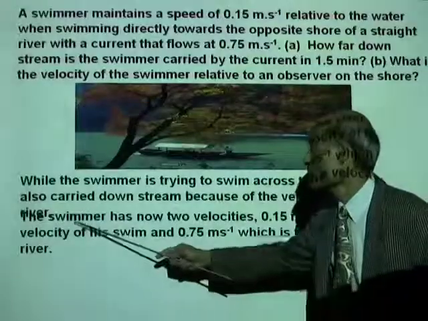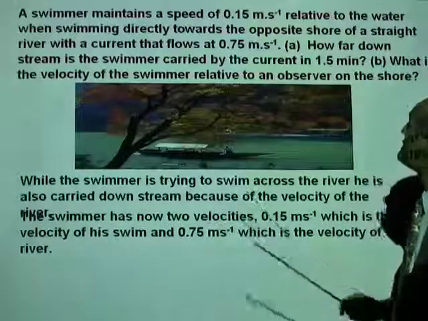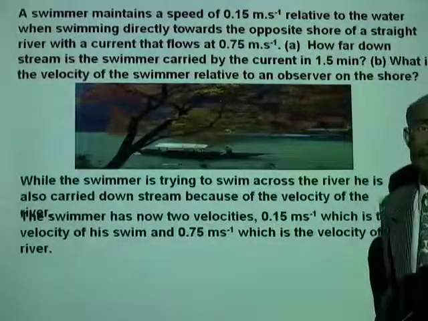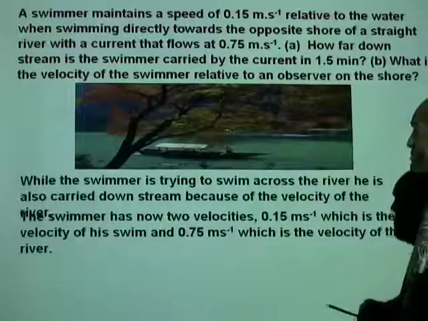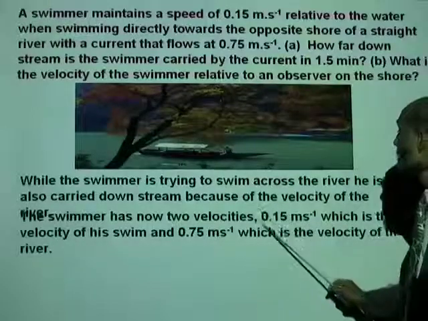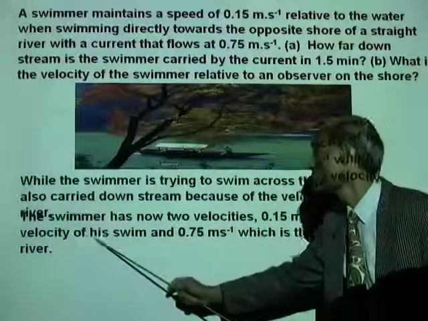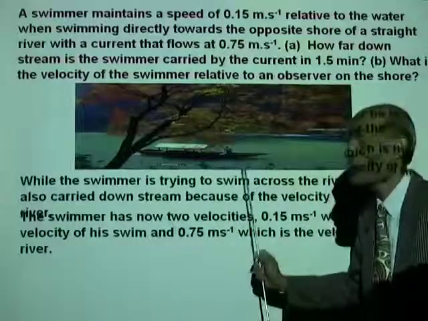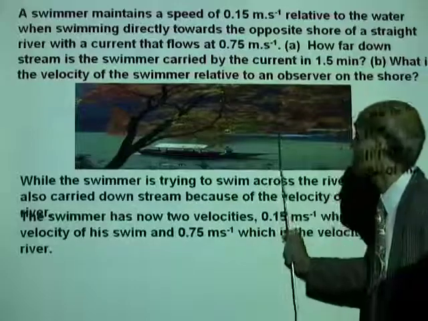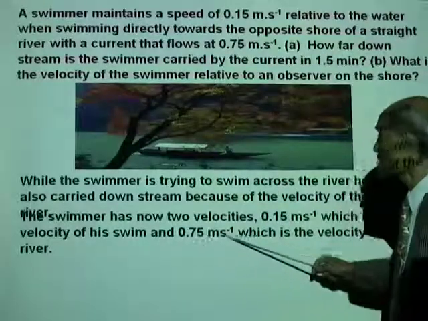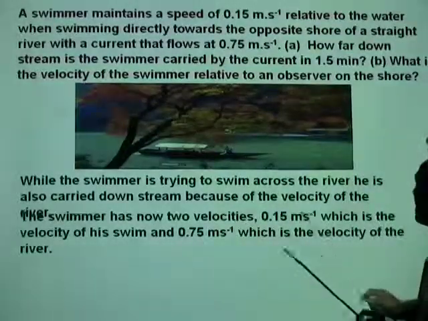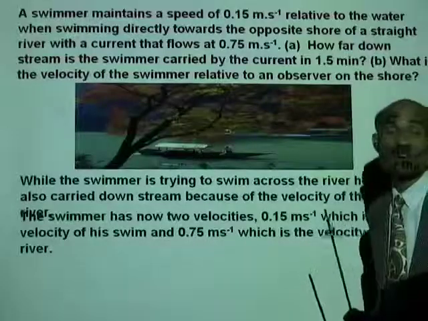Now, the swimmer has two velocities. What are they? 0.15 meters per second, which is the velocity of his swim, right across the river, and 0.75 meters per second, which is the velocity of the river.